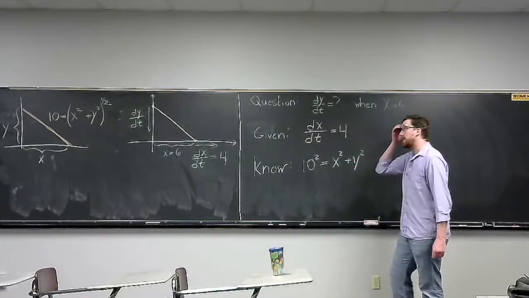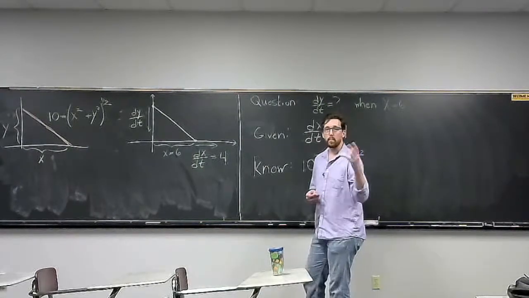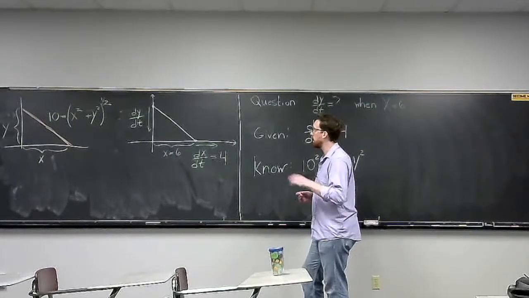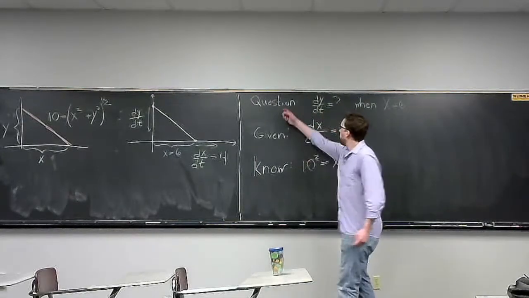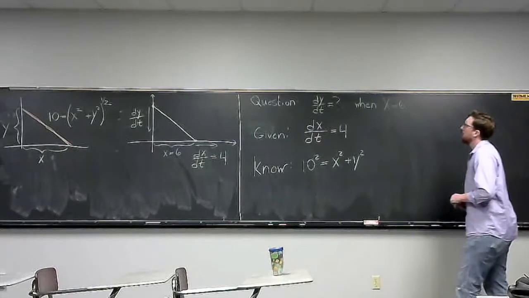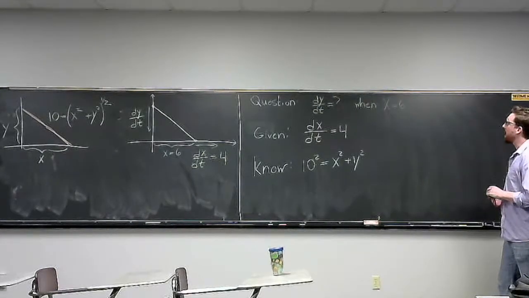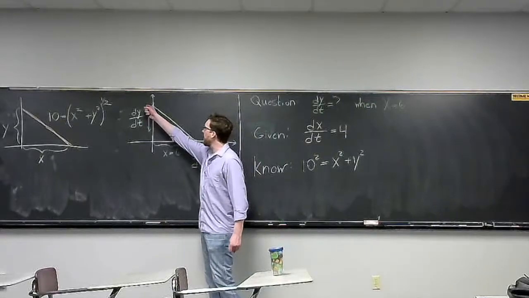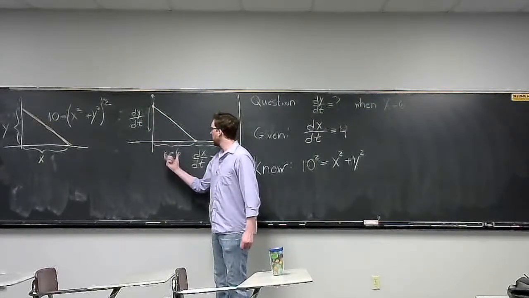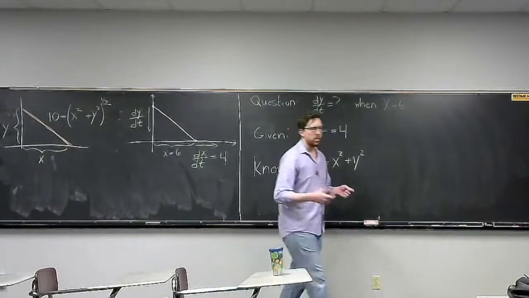In other words, dx/dt is 4 feet per second. I should have said 4 feet per second, not 4 feet. Sorry. So the question then is, what's dy/dt when x is equal to 6? So at what rate is the top of the ladder moving down when the bottom of the ladder is 6 feet away from the wall?